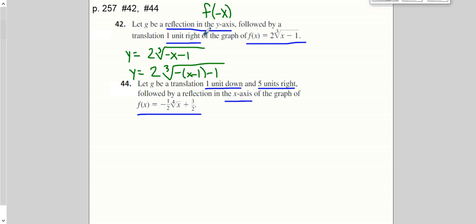One unit to the right, we're going to subtract 1 from just the x, and now we need to simplify. -x plus 1, distributing that negative, and then a -1 plus 1 goes away. Final answer, y equals 2 times the cube root of -x.